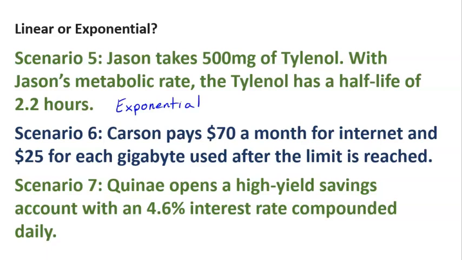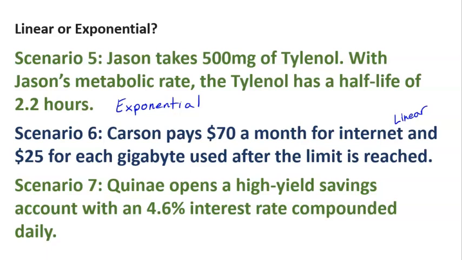Scenario 6, Carson pays $70 a month for internet and $25 for each gigabyte used after the limit is reached. That is going to be linear. That cost is going up by the same amount for each gigabyte.